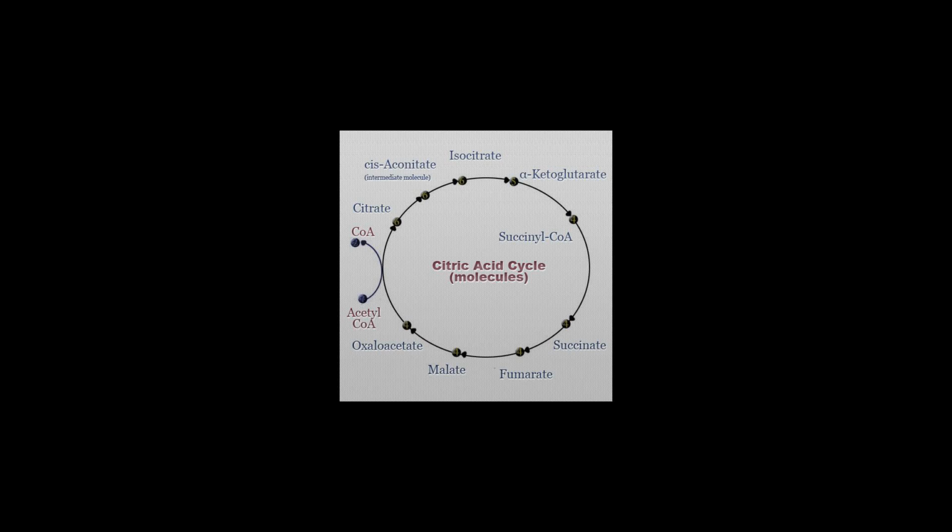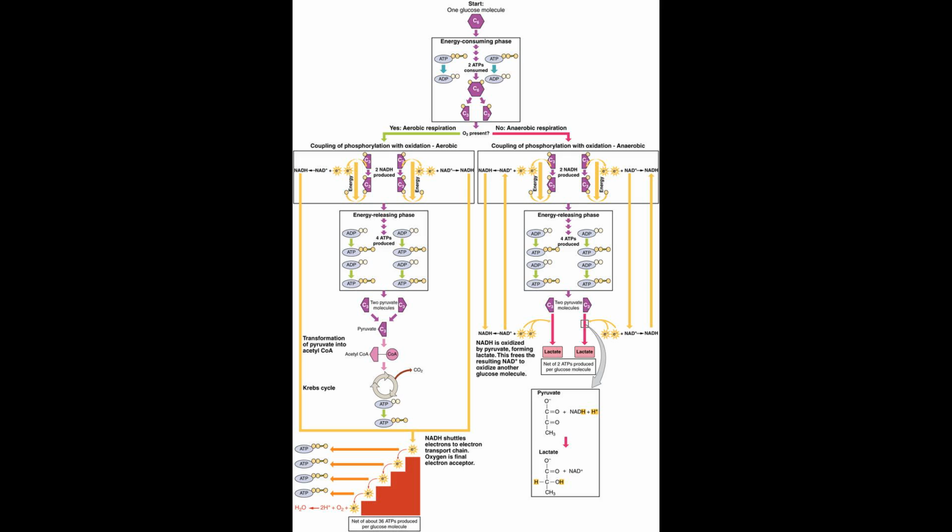Hence the addition of any one of them to the cycle has an anaplerotic effect, and its removal has a cataplerotic effect. These anaplerotic and cataplerotic reactions will, during the course of the cycle, increase or decrease the amount of oxaloacetate available to combine with acetyl-CoA to form citric acid. This in turn increases or decreases the rate of ATP production by the mitochondrion, and thus the availability of ATP to the cell.